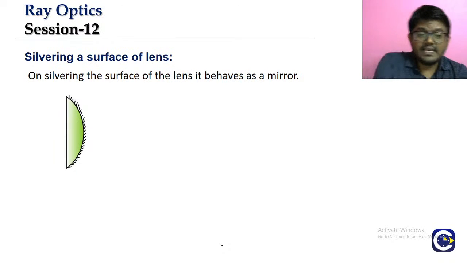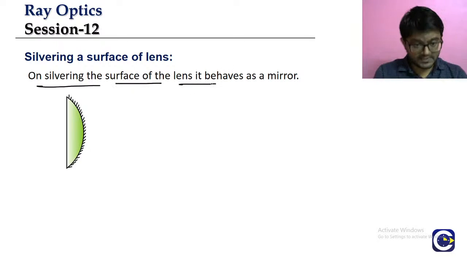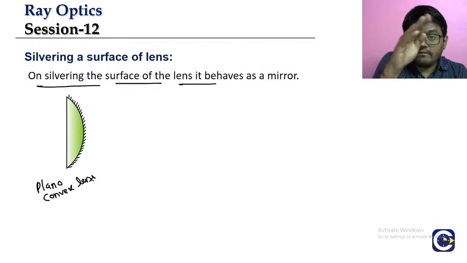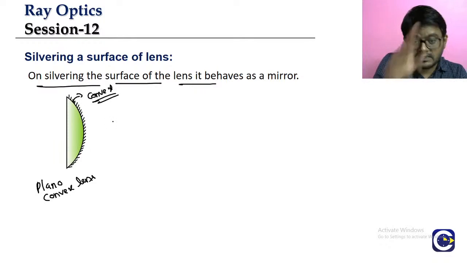Now the other area is silvering of the lens surface. Like we can take any lens. So here, what is this? It's a plano convex lens. For this we have coated which part with silver? The convex part.